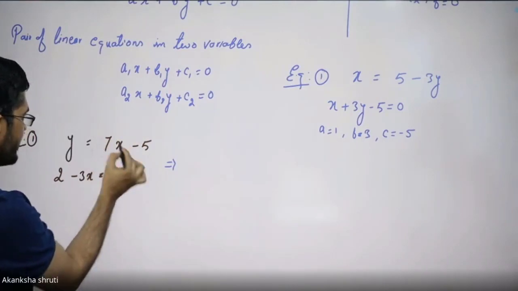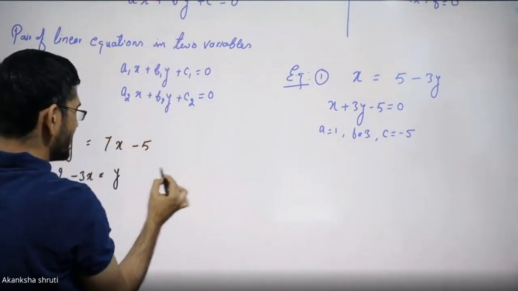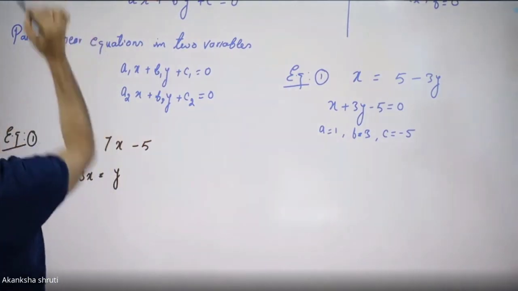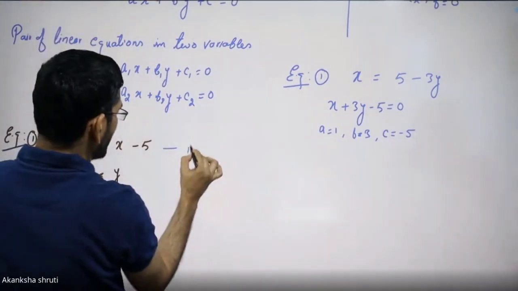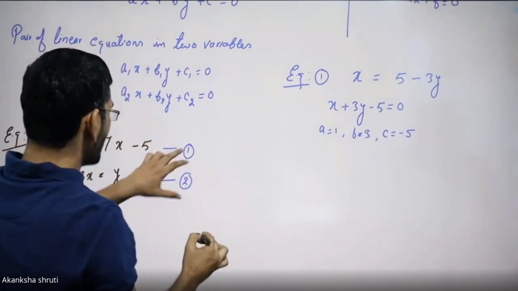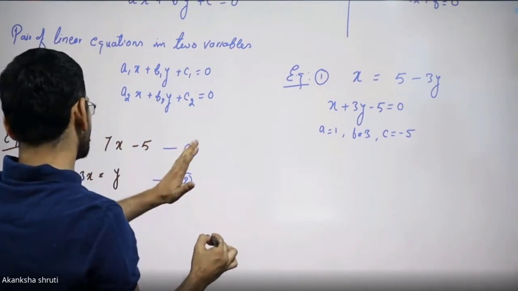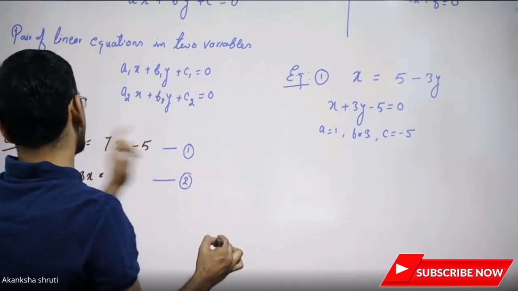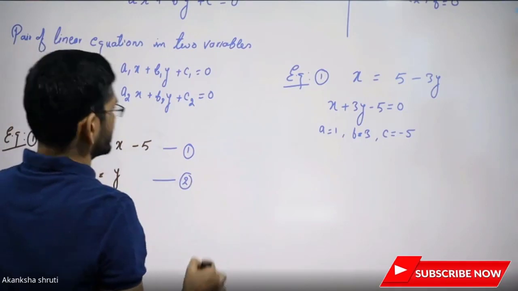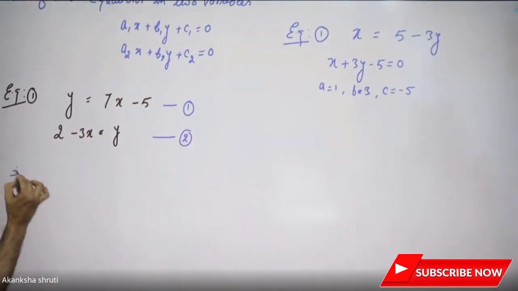Bring this 7 to the left hand side for equation 1, or the better habit is to take this as equation 1 and take this as equation 2. After naming them equation 1 and 2, you can write a particular operation for equation 1, and a particular operation for equation 2. Or directly you can write this way.